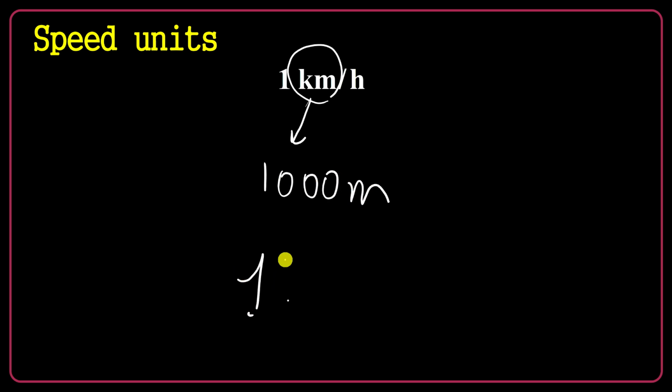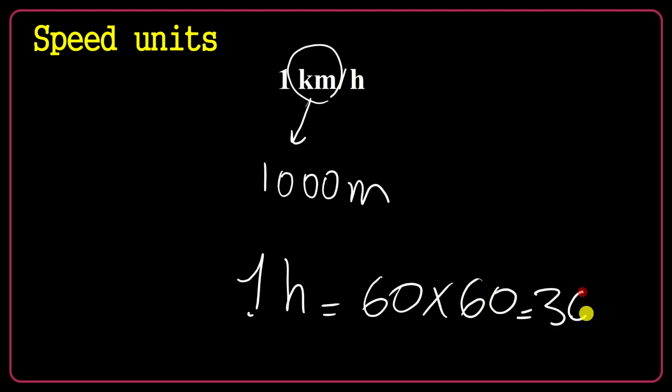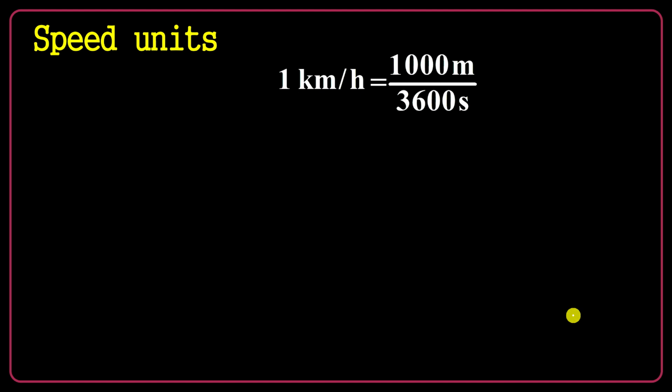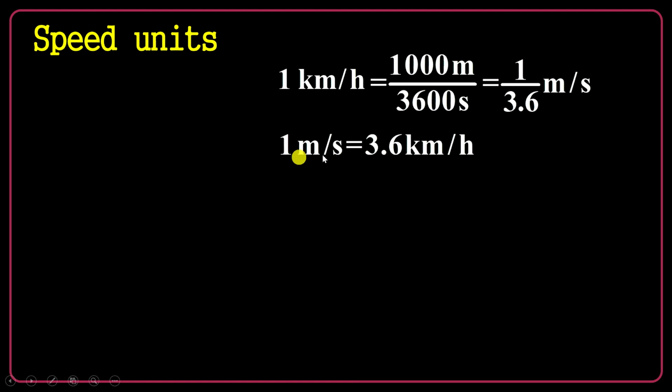And 1 hour is 60 minutes times 60 seconds, so it's 3,600 seconds. So I plug in the values: 1,000 meters over 3,600 seconds. So it's going to be 1 over 3.6 meters per second. Or vice versa, I can write 1 meter per second is 3.6 kilometers per hour.